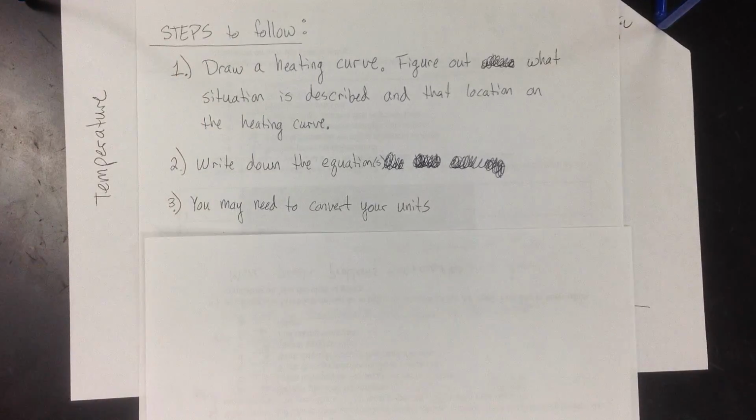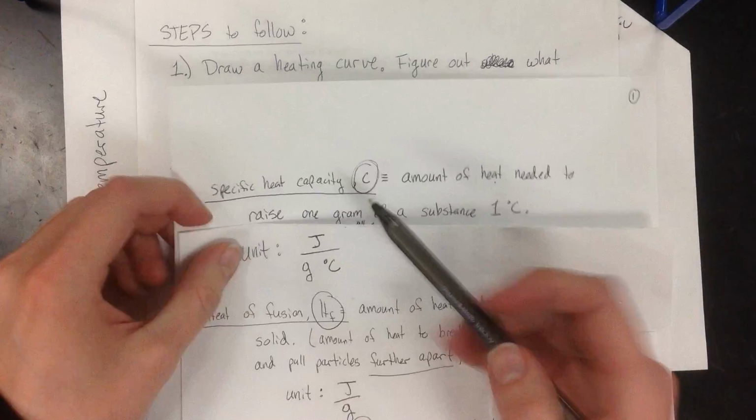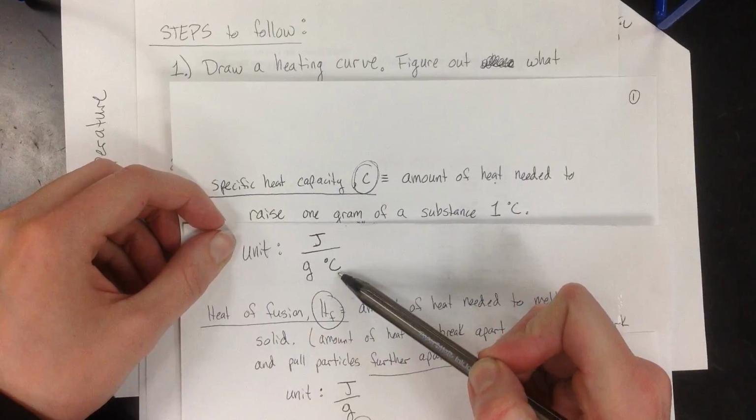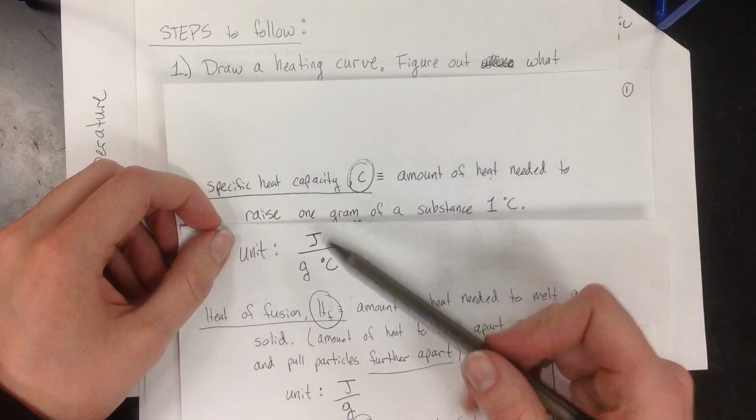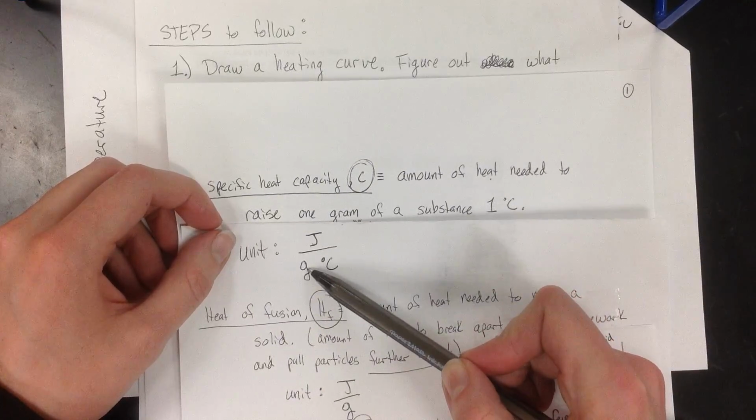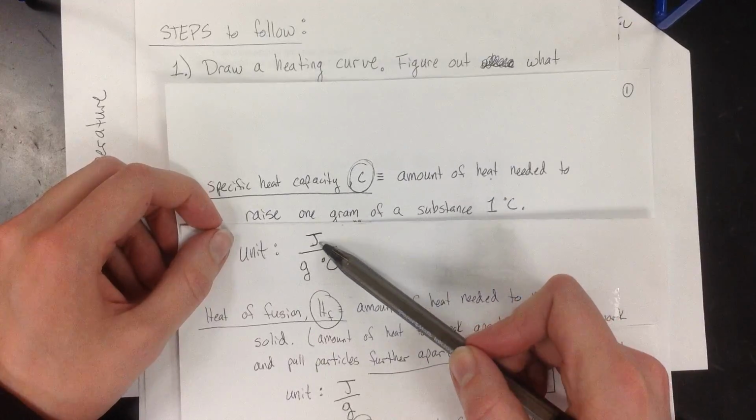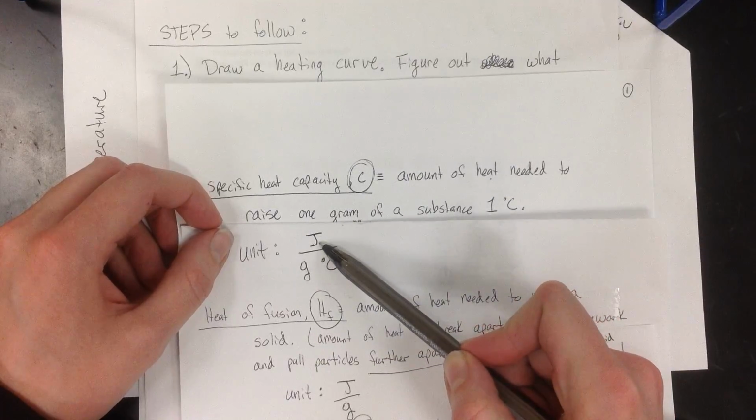We've talked a little bit about your units, so your unit for specific heat capacity being joules per gram degree Celsius. Well, sometimes it won't give you grams, it might give you pounds. Often, because joules are so small, it'll give you values in kilojoules.